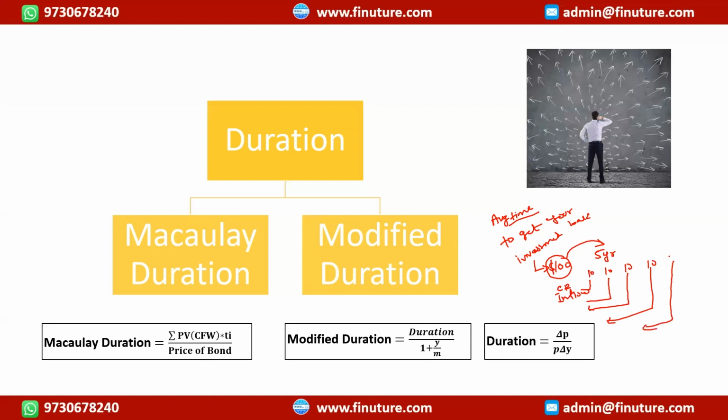Intuitively, it would be between the fourth and fifth year. So it is first year, second year, third year, fourth year, and fifth year. Eventually it would be some point between 4 and 5 years where you are getting your $50.